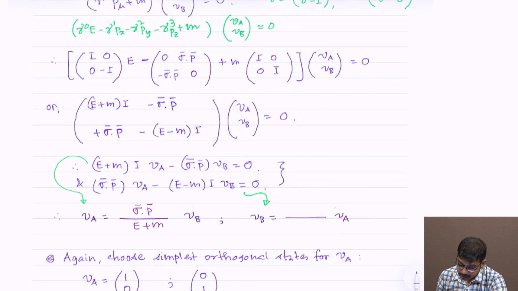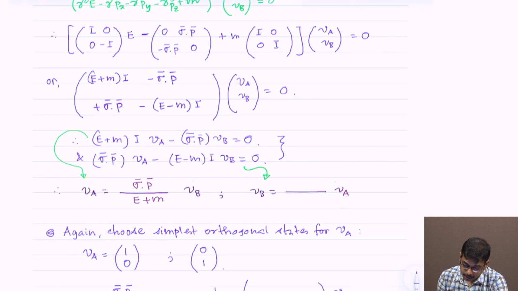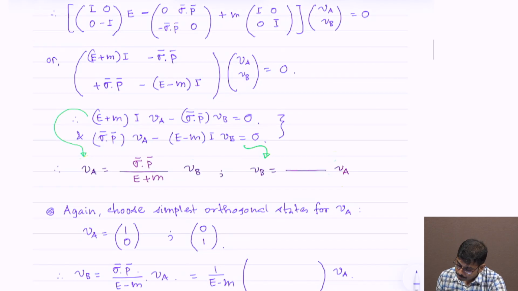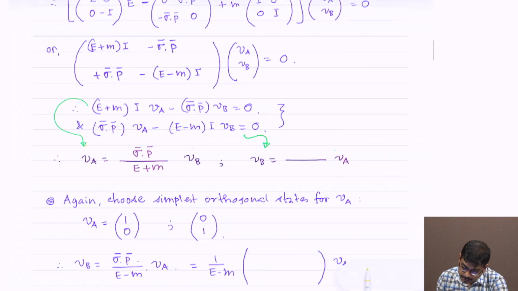Now if you do this matrix multiplication, what are we going to get? We get (E plus m) I vA minus sigma dot p vB equal to 0, and then the second term is sigma dot p vA minus (E minus m) I vB equal to 0. Therefore I can have vA equal to sigma dot p by (E plus m) times vB, because there is an identity matrix and I can easily rearrange this matrix equation in this format.